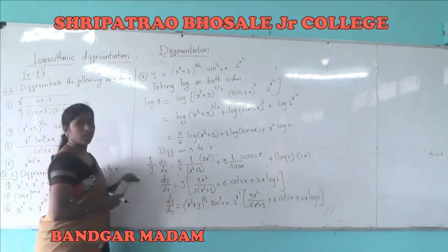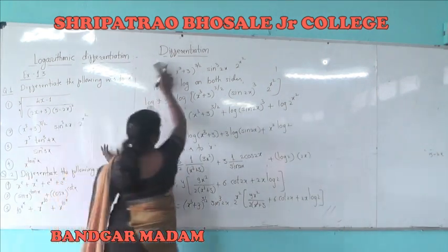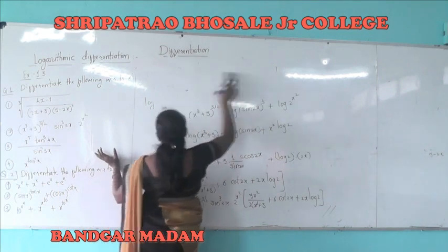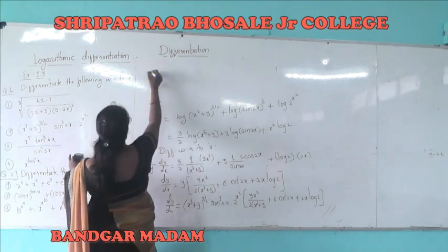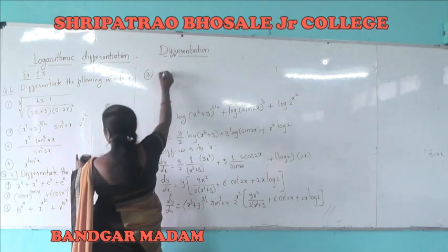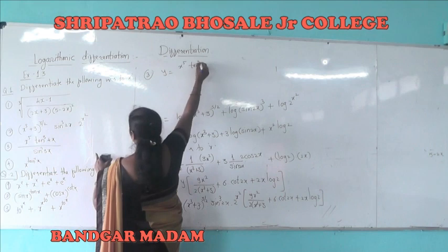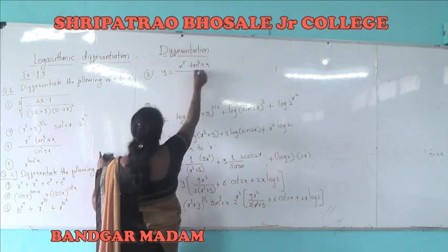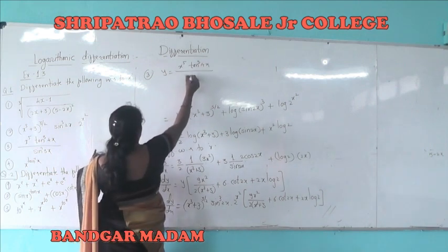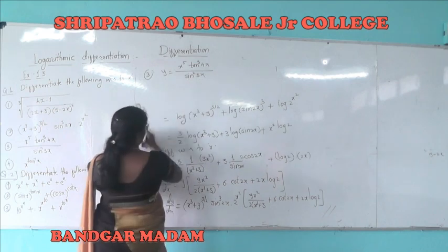So the third question we are going to solve is y is equal to x raised to 5 tan cube 4x upon sin square 3x.